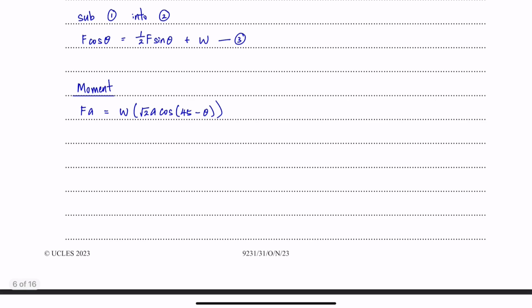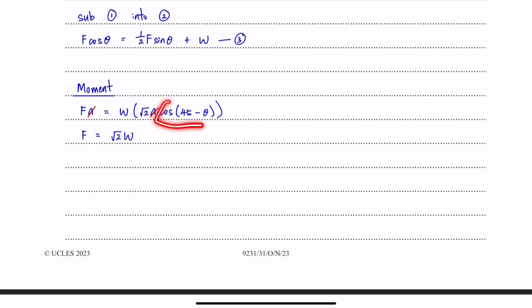Okay? So now we can cancel the a's, and we would get F equals to root 2 W.